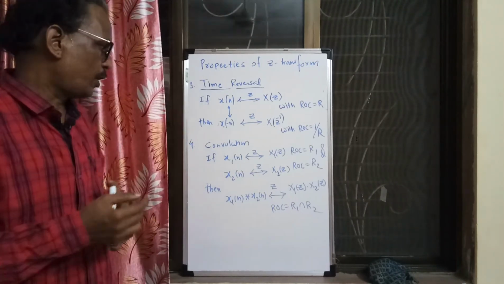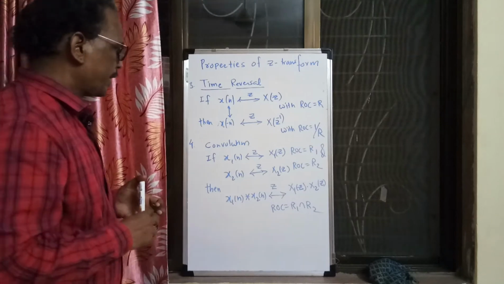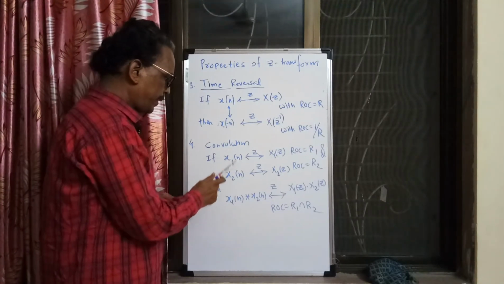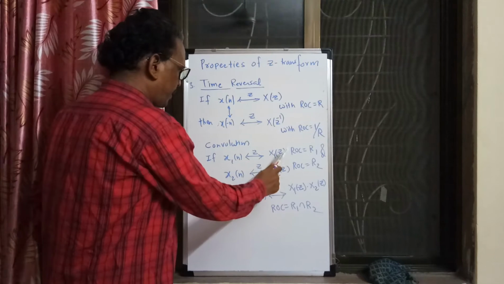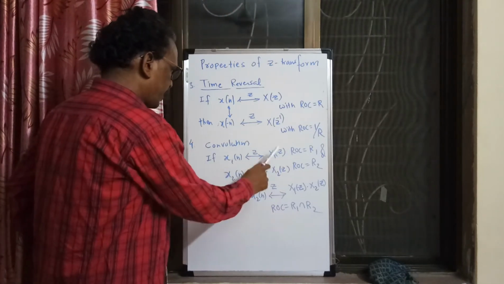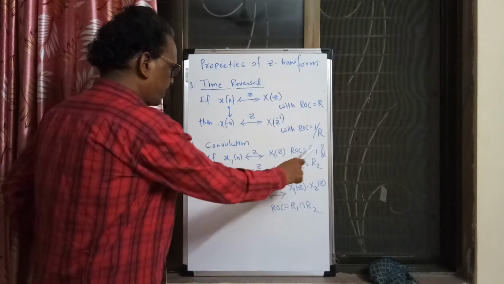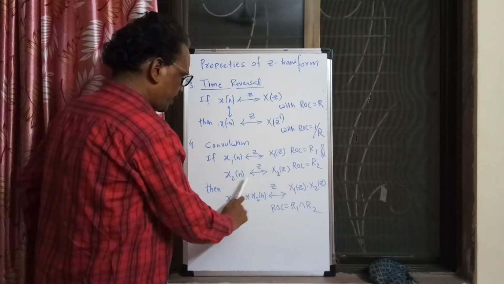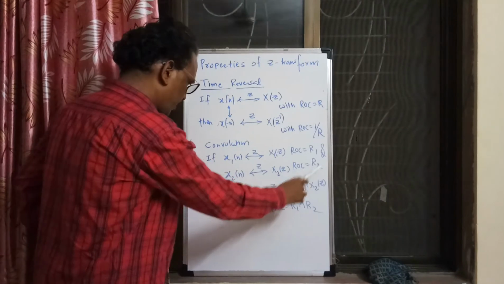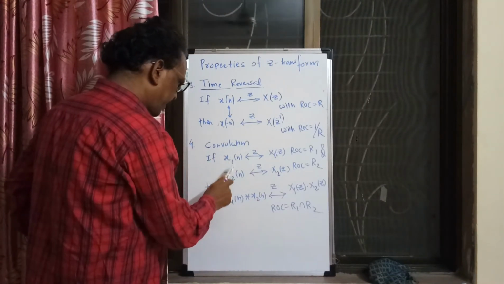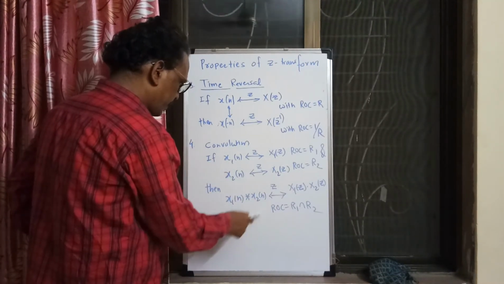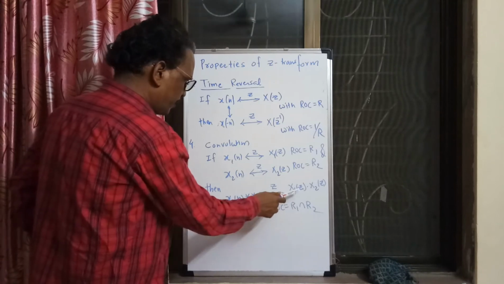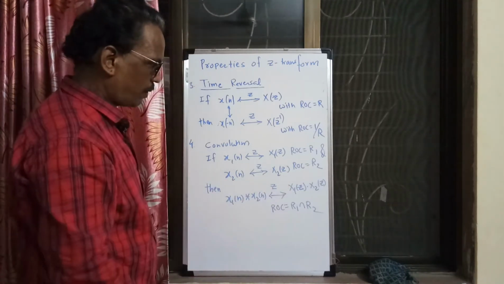Here also, if we have two signals x1 of n and x2 of n, x1 of n has z transform X1 of z and ROC R1, x2 of n has z transform X2 of z, ROC R2. Then convolution of signals in time domain is equivalent to multiplication of their transforms in z domain.